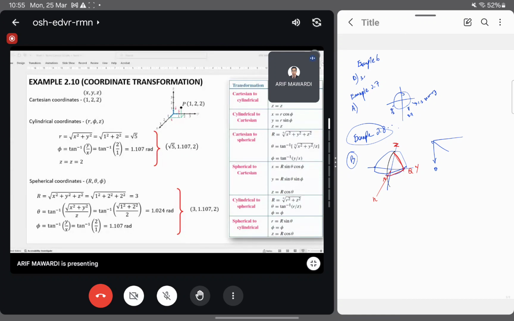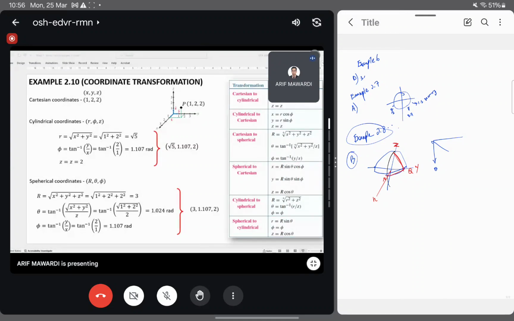So I want to know the value of r, phi, and z, and I am given the coordinates of the point in the Cartesian coordinate system. First, I need to determine the value of r, the first coordinate variable in the cylindrical coordinate system. I can just use this relationship here: r is equal to the square root of x squared plus y squared.